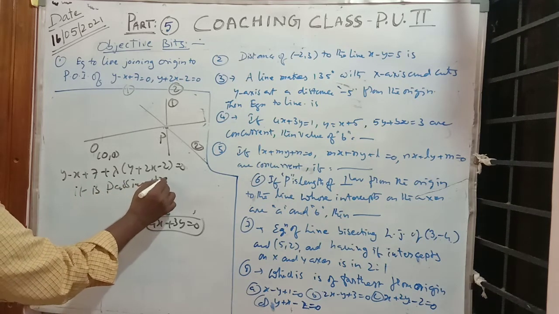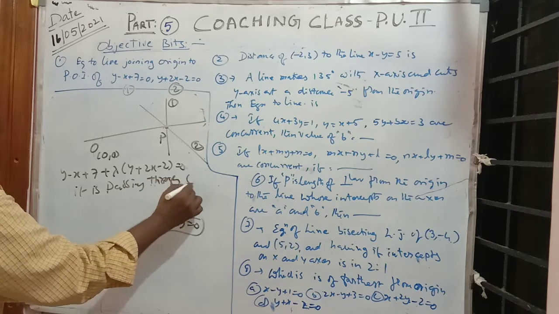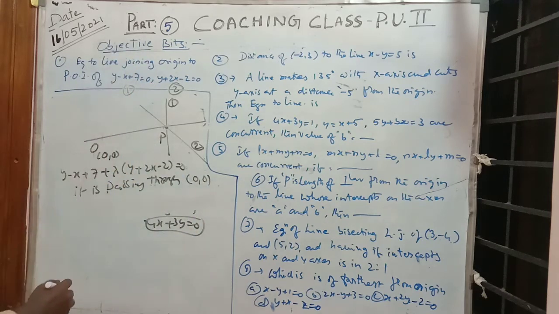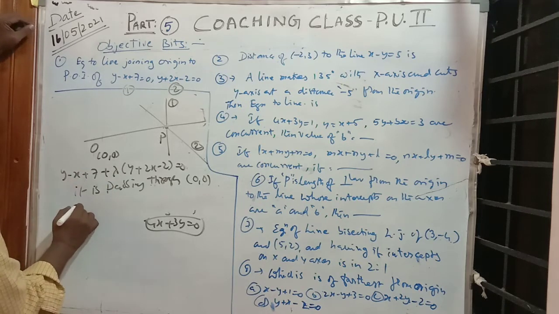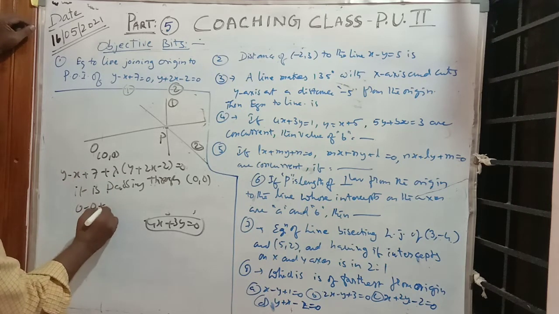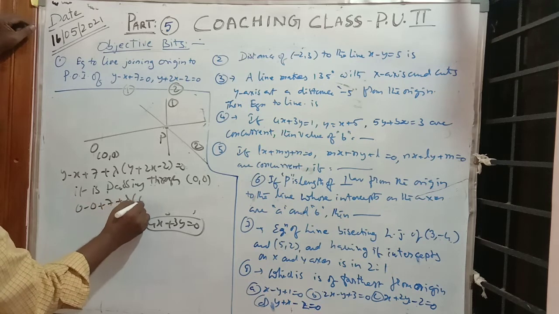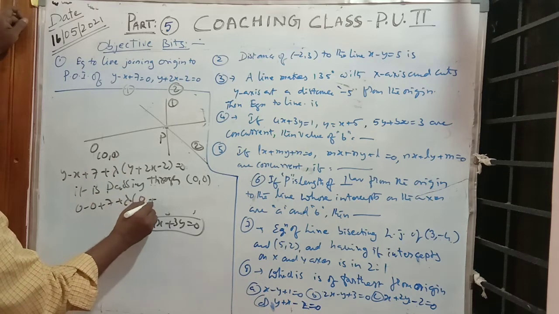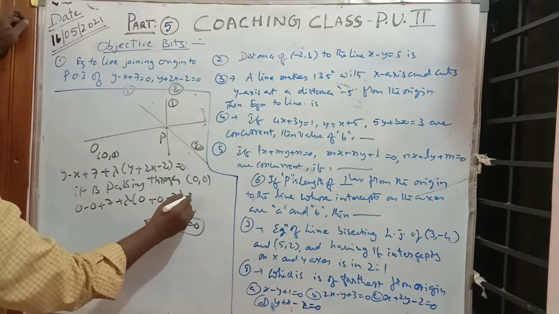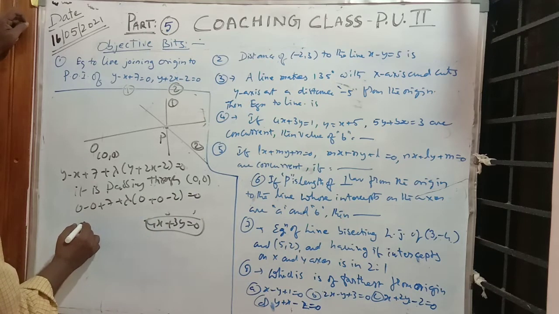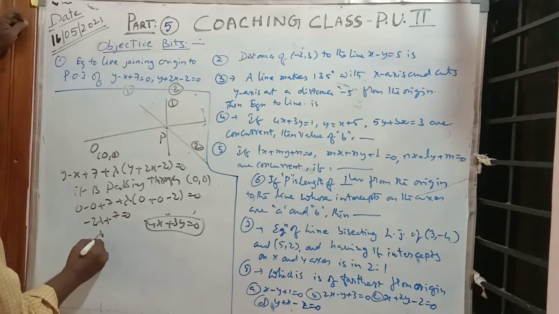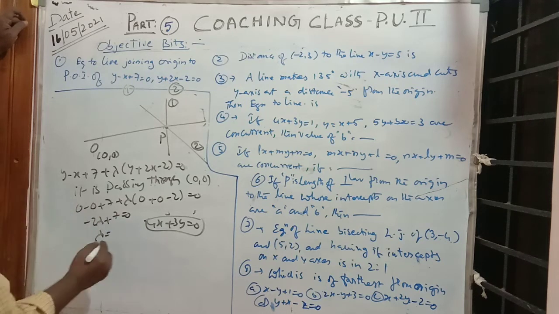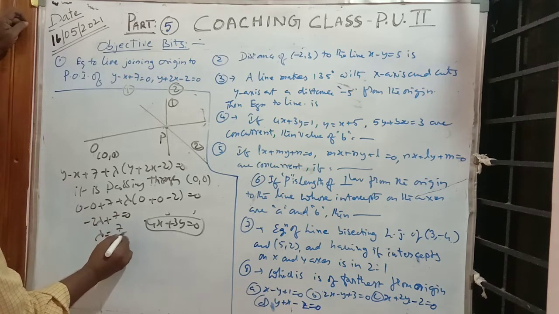It is passing through the origin, that is given. So in order to find the lambda value, y is 0, x is 0: plus 7 plus lambda of 0 minus 2 is equal to 0. So it is minus 2 lambda plus 7 is equal to 0, so lambda is equal to 7 by 2.